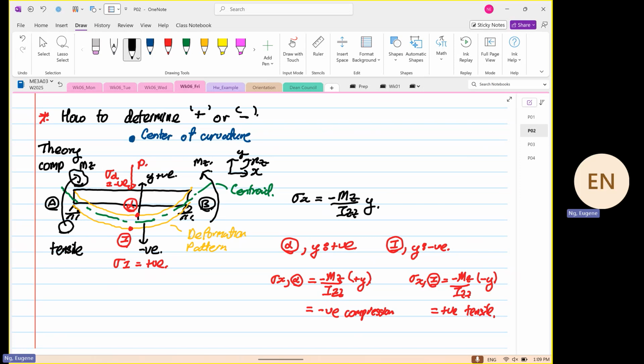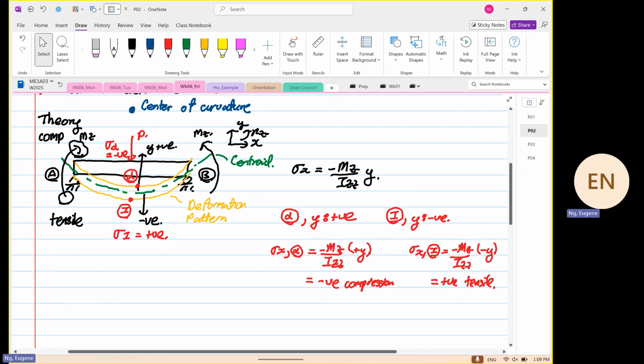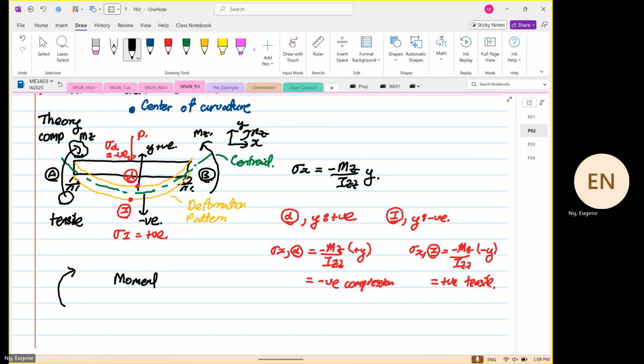The head, okay, so I'll draw down here. Okay, so the moment vector, right, for the moment vector, the head is always what? Compression. And the tail is always what?